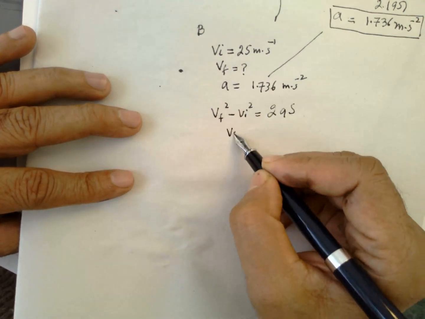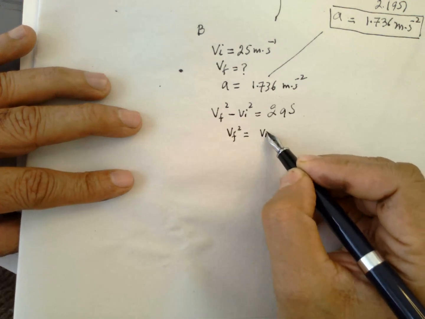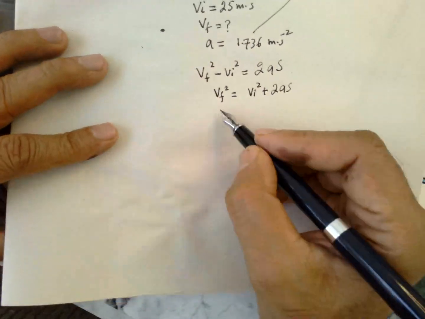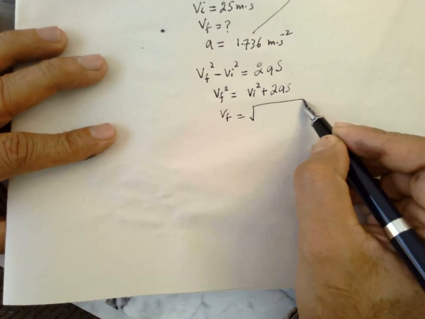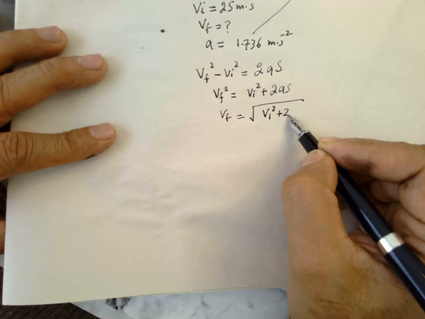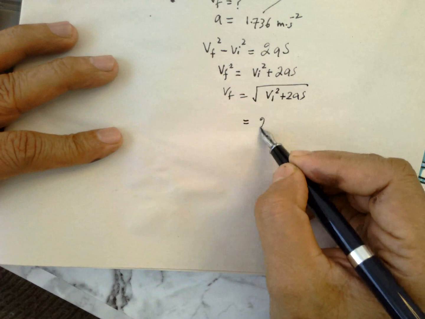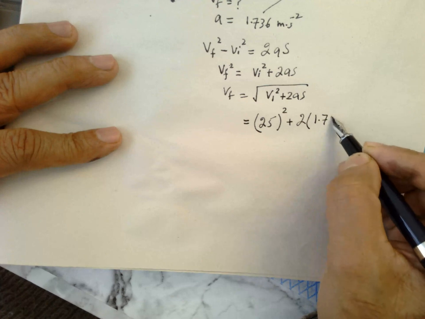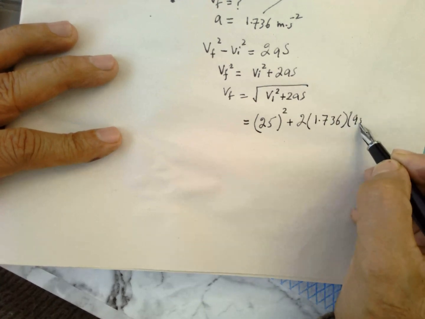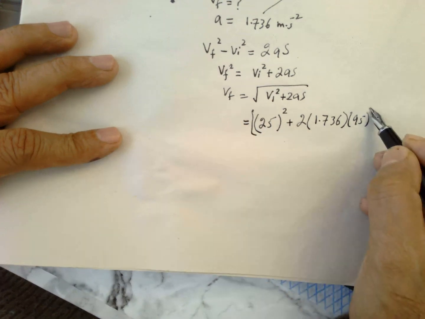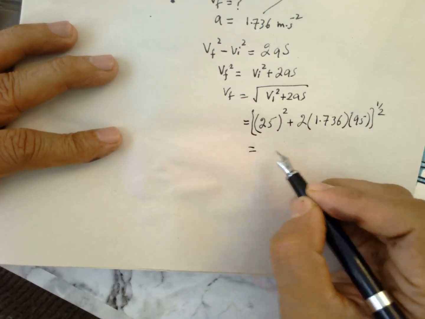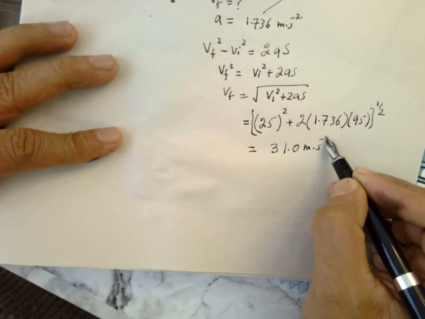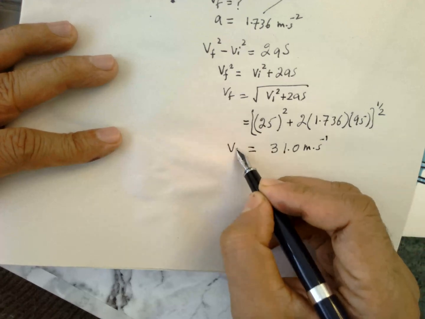From here, Vf squared is equal to Vi squared plus 2as, and Vf is equal to the square root of Vi squared plus 2as, which is equal to the square root of 25 squared plus 2 into 3.29 multiplied by 95. And this will give you 35.0 meters per second. So this is Vf.